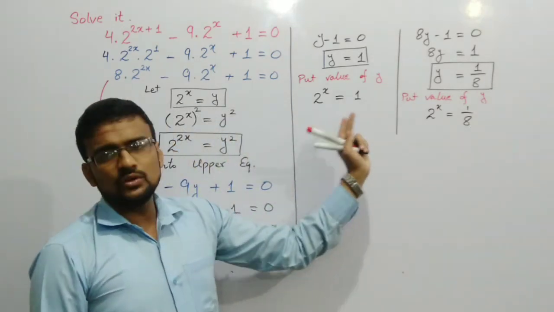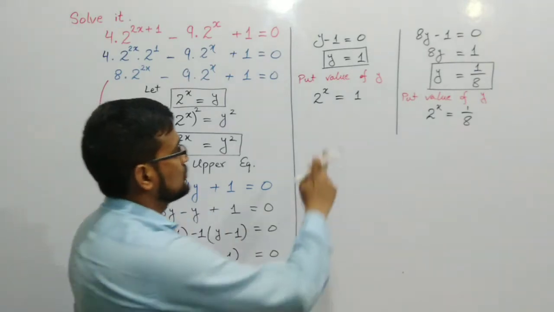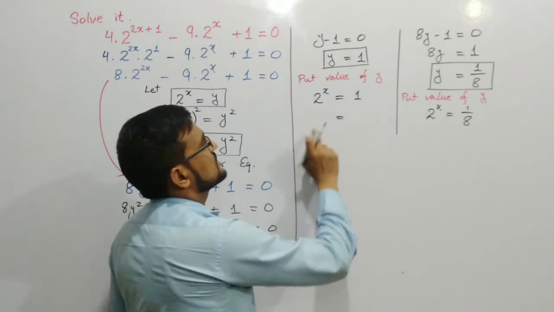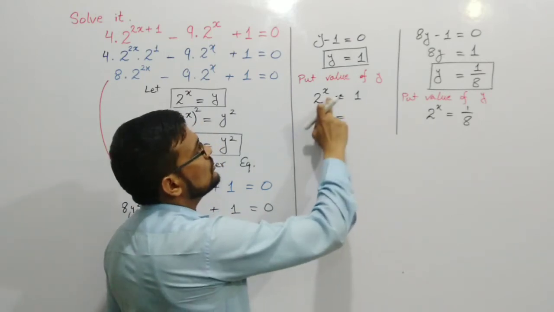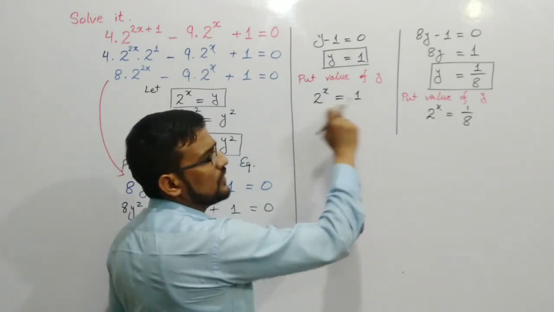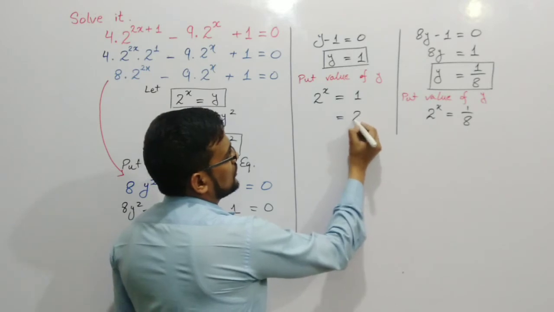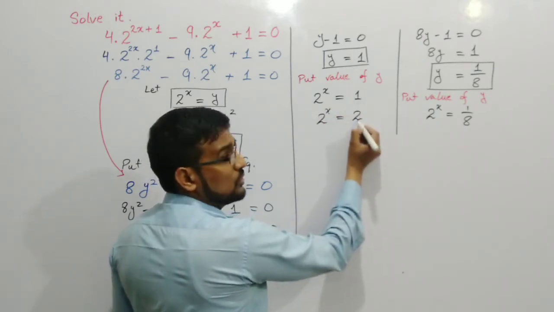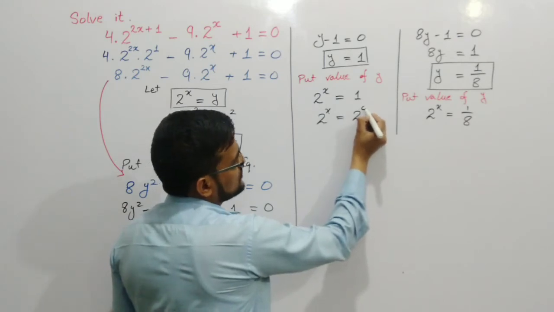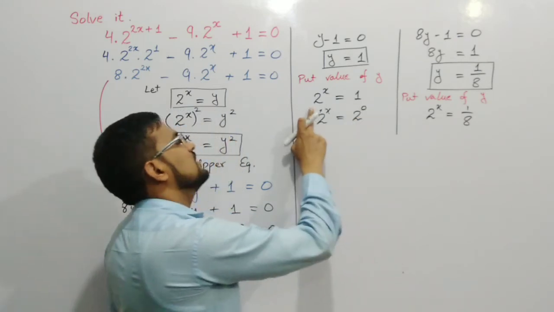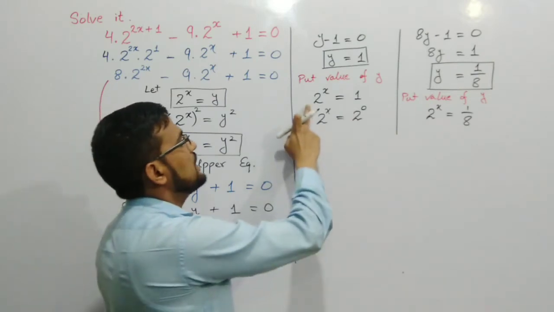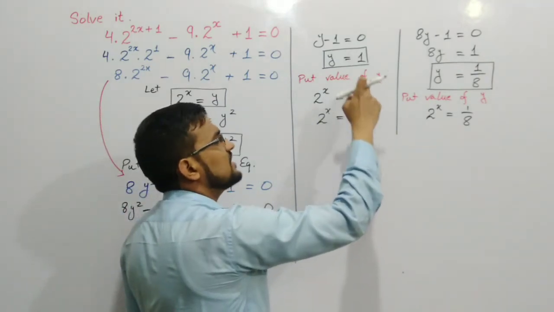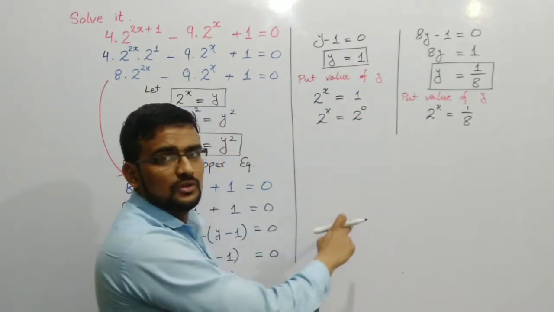So 2 raised to power x is equal to 1. Change this to find the value of x. You can write 1 as 2 raised to power 0, because on the left side the base is 2, so on the right side you change it to a factor of 2.